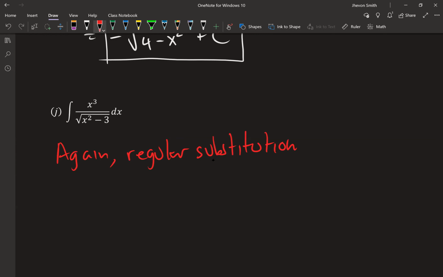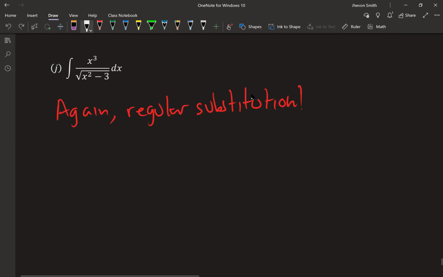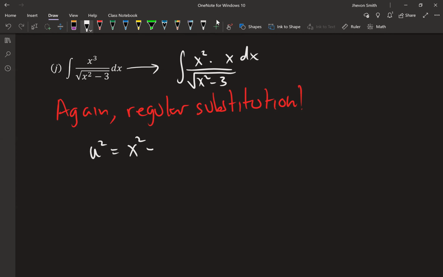Regular substitution is the better method here. So again, we can notice here that I can think of this as x squared times x dx over the square root of x squared minus 3. Do something like u squared equals x squared minus 3.